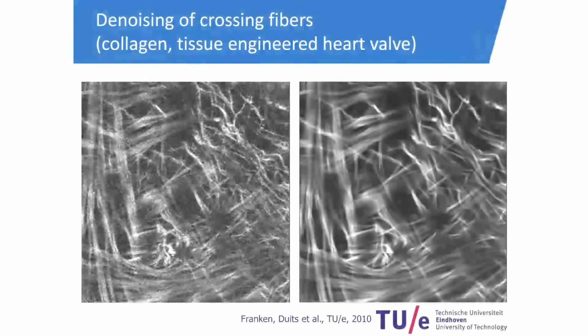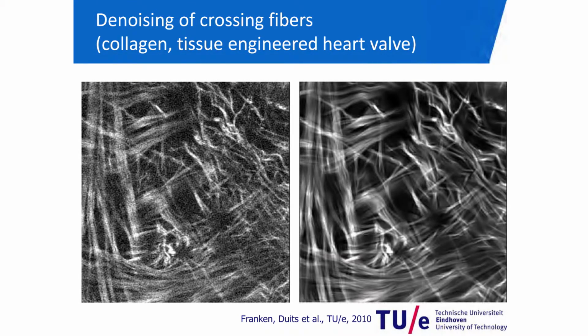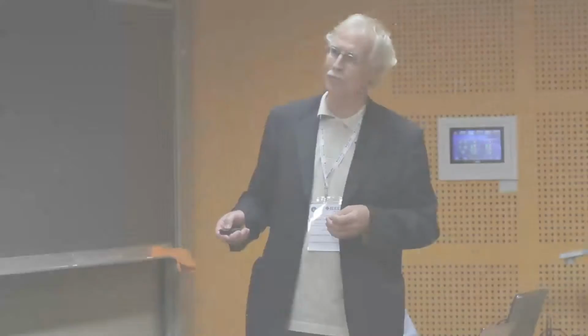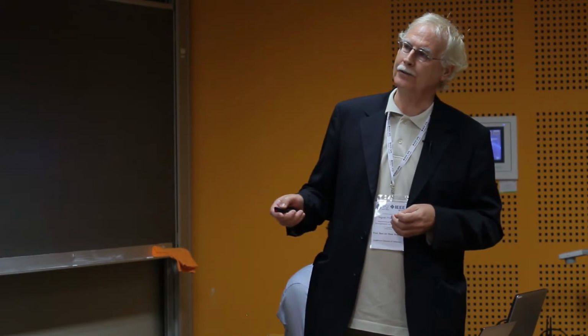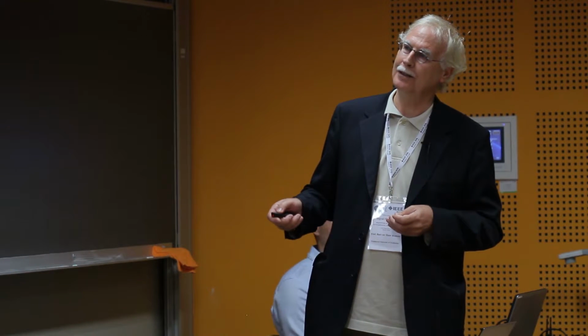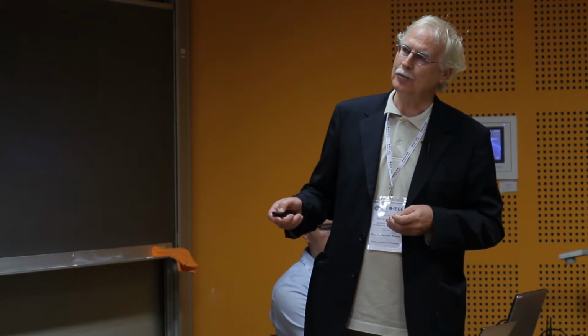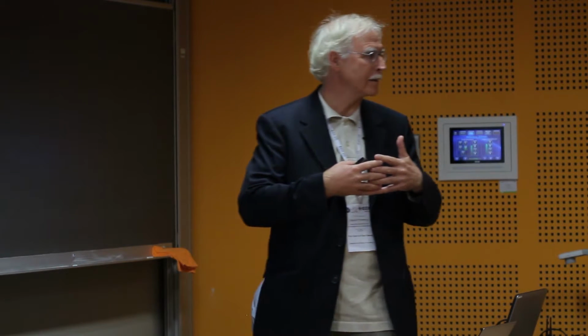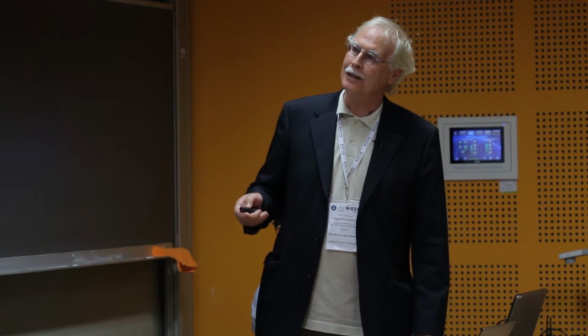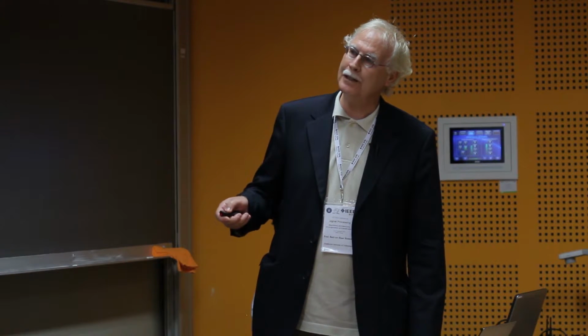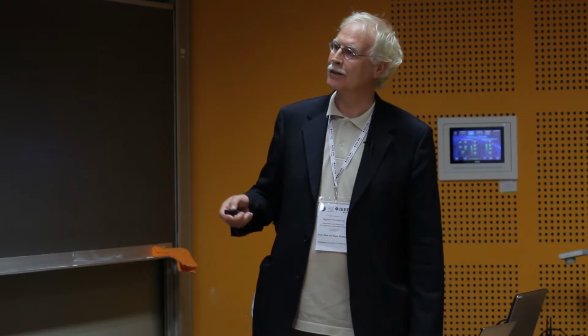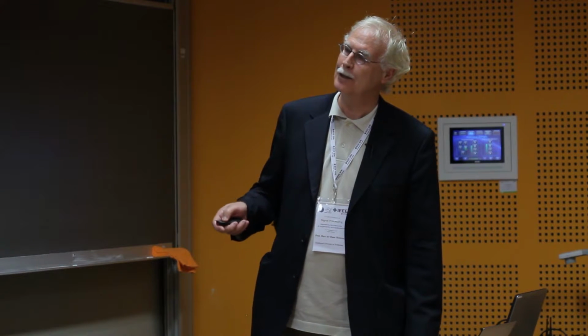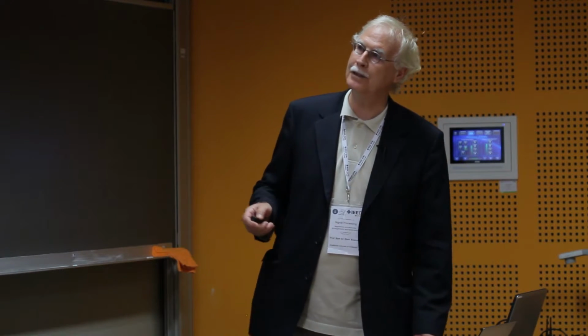This turns out to be very nice for this tissue from our tissue engineering department, new heart valve tissue. They had trouble. This was a laser scan, and it was noisy. It needed to be quantified how many vessels, how many fibers are parallel, because then the tissue gets stronger. It was never possible to really denoise this because of all the crossings, but with our expanding, extracting these orientations, we could now perfectly denoise these systems.